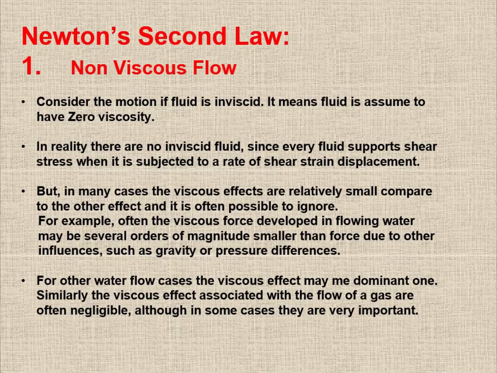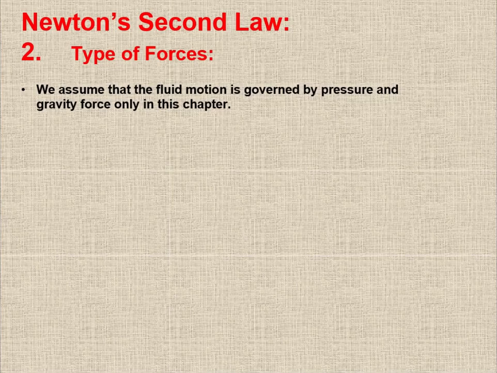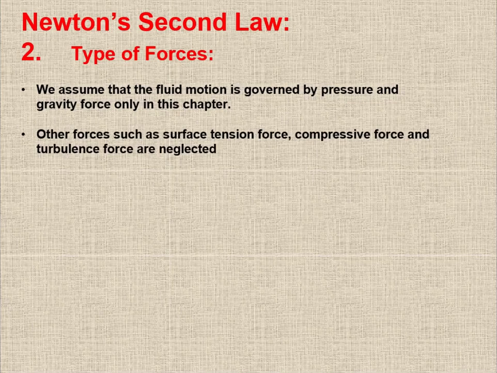Now, the second assumption concerns the types of forces that we are going to cover in this chapter. We assume that the fluid motion is governed by pressure and gravity forces only. Other forces such as surface tension force, compressive force and turbulence force are neglected.